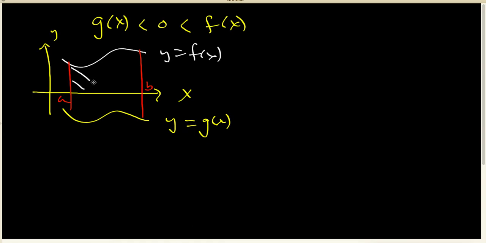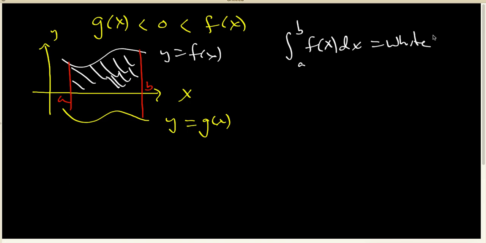And this white area, which is positive, is equal to the integral from a to b of f of x dx. That is the white area, and of course that's going to be bigger than 0. And when I shade in this yellow area, the yellow area is a positive area, and minus that yellow area would be equal to the integral for g of x.